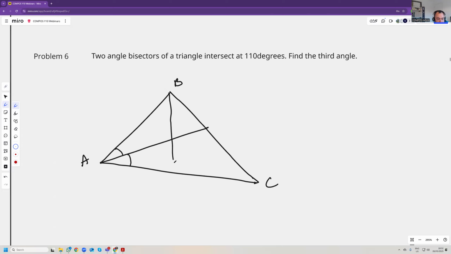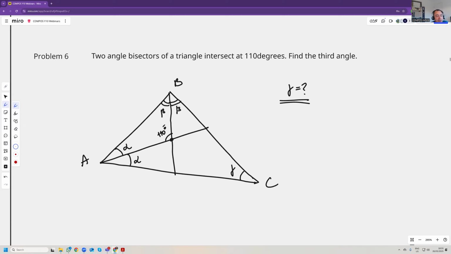And the angle bisectors here, so here and here. Okay. And we need to find this angle. Let's call this angle alpha, and this is alpha. This is beta, and this is beta. And this is gamma, and gamma is question mark. That's what we're looking for. And we know that this is 110 degrees.